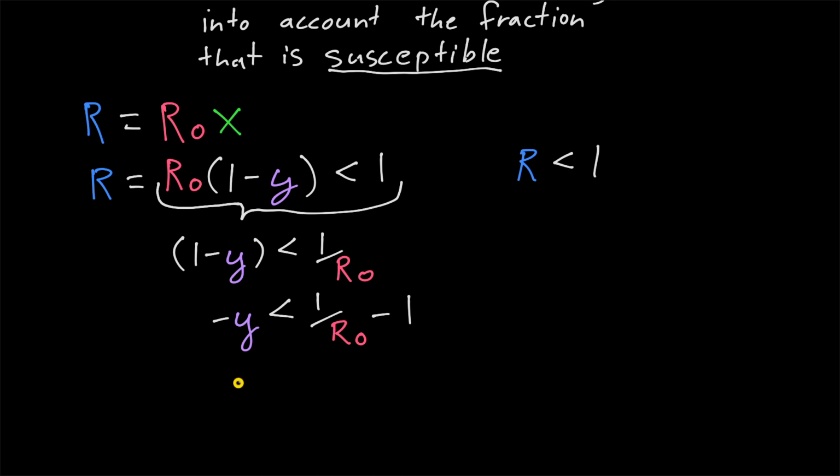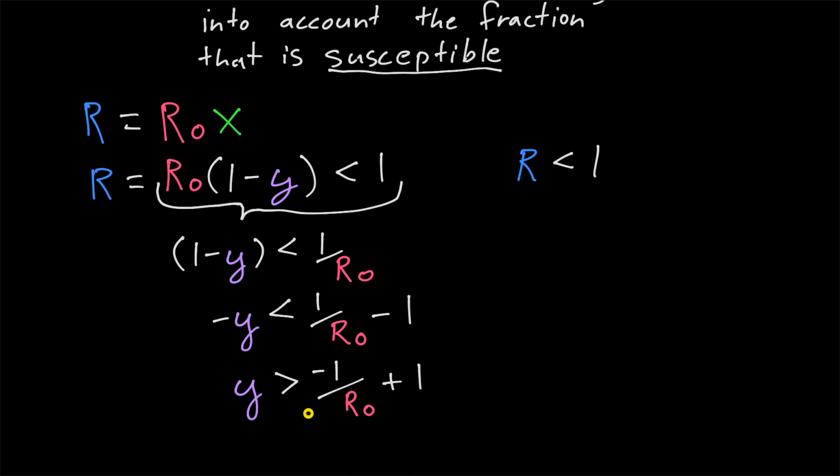So we're going to end up with Y, and now we're going to get a greater than, because if you divide both sides of an inequality by a negative number, then you flip the inequality. And then here you're going to get -1 over R naught plus 1. Remember, we're dividing by -1, so I changed the negative sign to a plus sign.